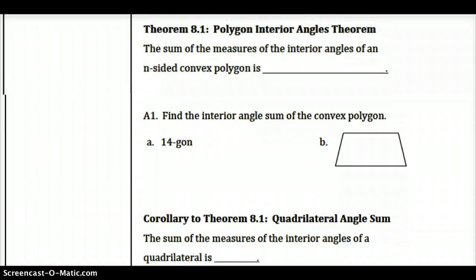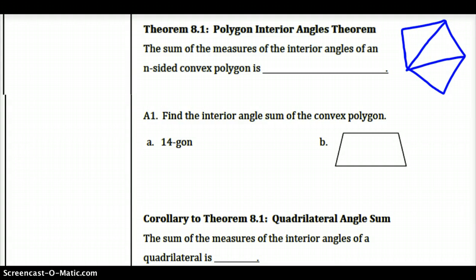We do have a theorem to start here. Interior angles theorem for a polygon. What happens is, if I have, let's say, a pentagon, and I go ahead and from one vertex draw the diagonals, I get 1, 2, 3 triangles.